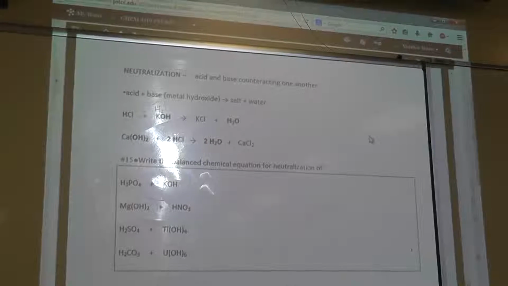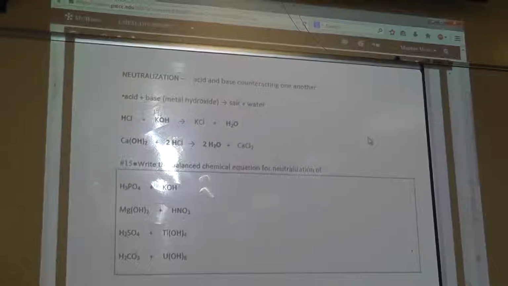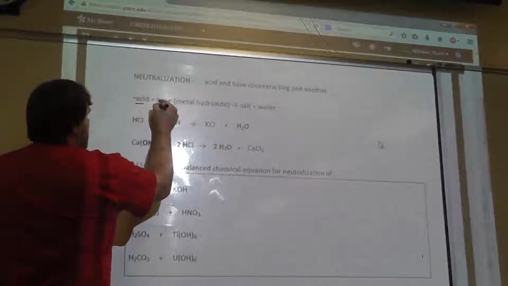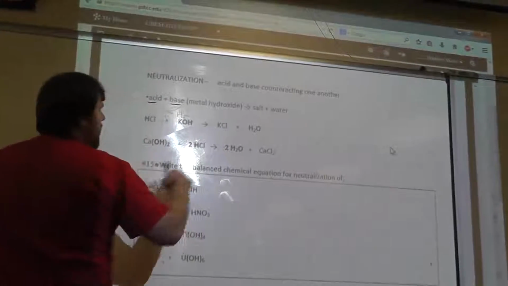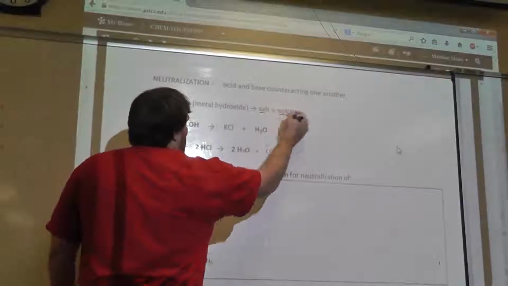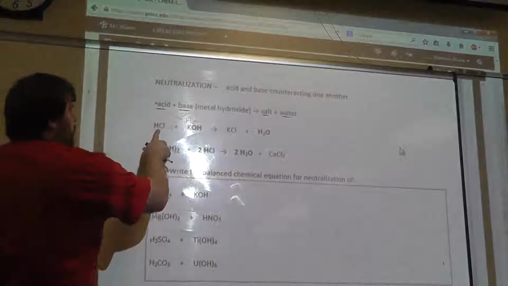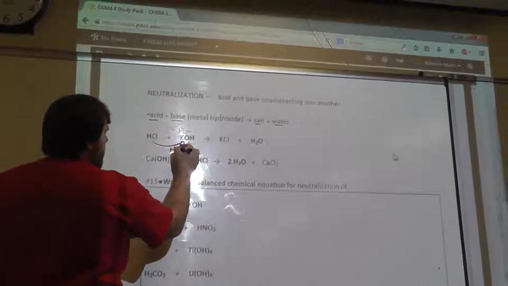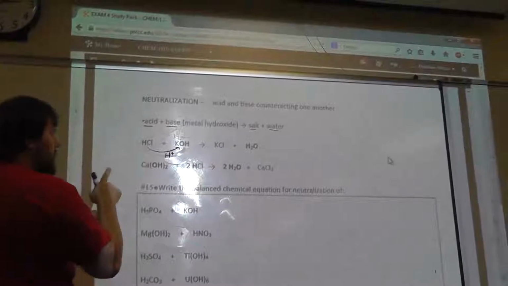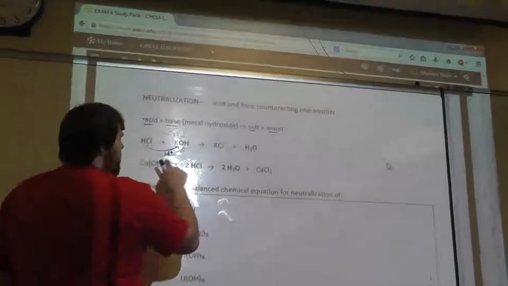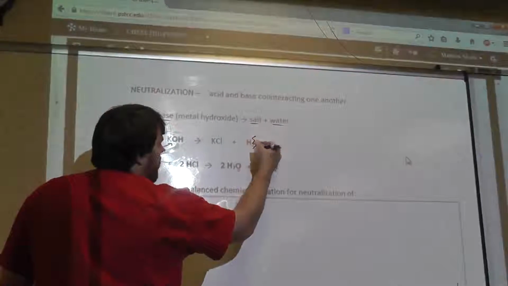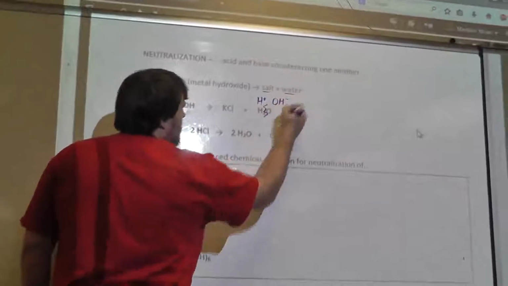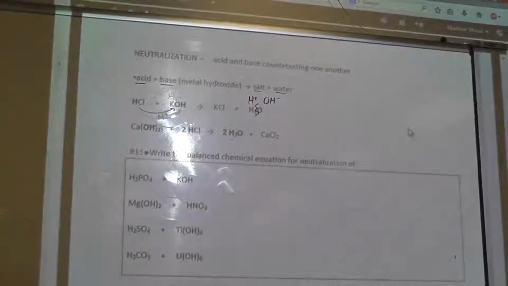So for neutralizations, they work with very specific things. You always have to have an acid, you always have to have a base, and they make a salt in water. So this acid reacting with this base, this is going to give a hydrogen to that. One hydrogen, that's all it's got to give. When you cleave apart this water, what you have here is a hydrogen and a hydroxide, right? 2 hydrogens, 1 oxygen.